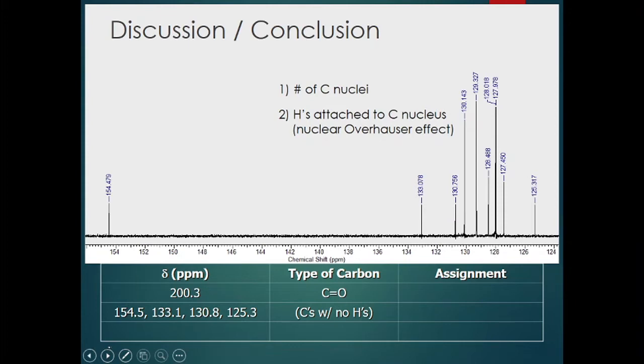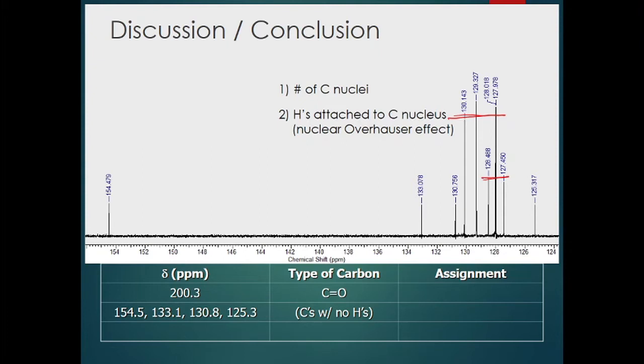The taller peaks then are carbons that do have hydrogens. In particular, we have these 2 right here. So these carbons have hydrogens, as do the very tall ones. We've got 4 of them here that also have hydrogens. But note that the 2 intermediate peaks are roughly half the size of the other 4.